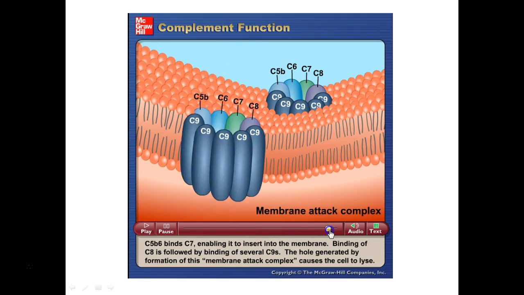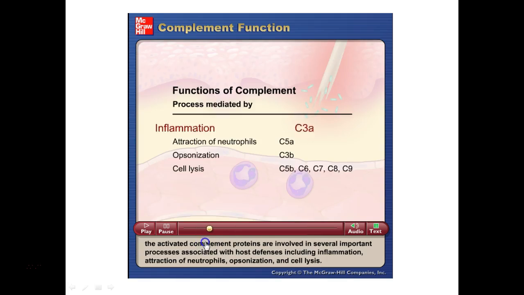So these are the major outcomes, and I'll go back to the first slide. So these are the really important proteins in this complement cascade.